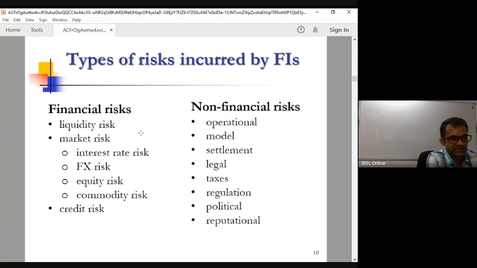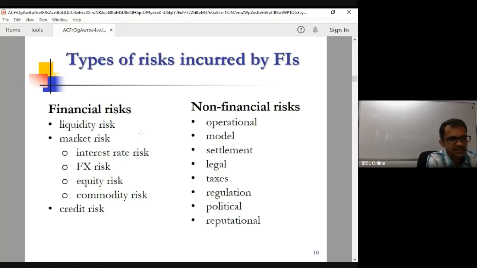Market risk is again divided into four: interest rate risk, FX risk, equity risk, and commodity risk. Then the credit risk. Liquidity, market, and credit are the three main financial risks.